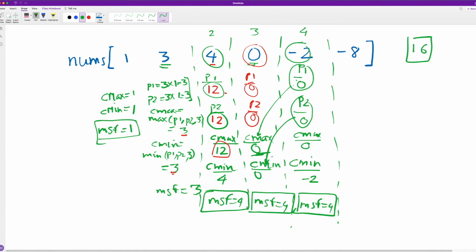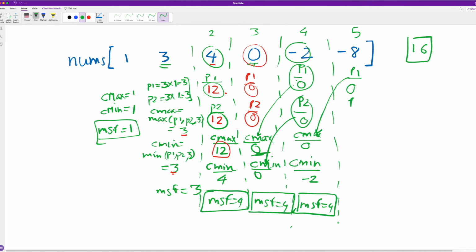Now coming to this last index, the number is -8. So let's calculate the first product, which is the current number times the max product subarray at the previous index, and that happens to be 0 because -8 times 0 is 0.